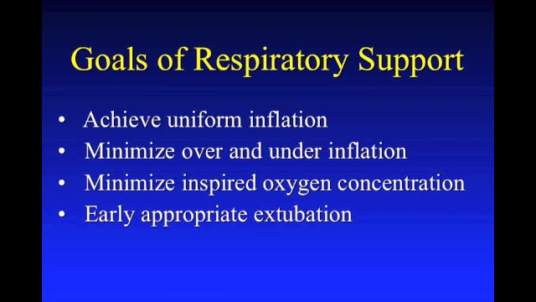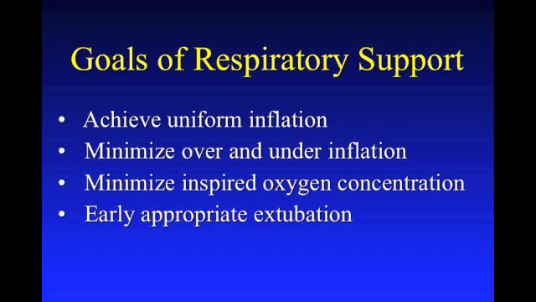Well, what are the goals of respiratory support? I think we all understand that achieving uniform inflation is critical for the patient, because if you don't have a normally inflated lung, you are applying certain pressures or volume to one part of the lung that is very different than you apply to the other part of the lung, and that can lead to injury to it.